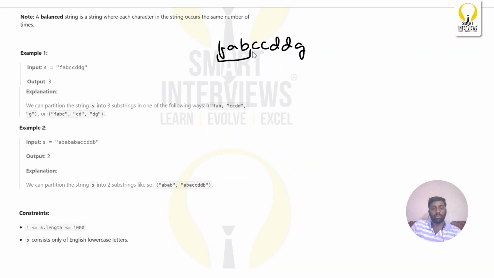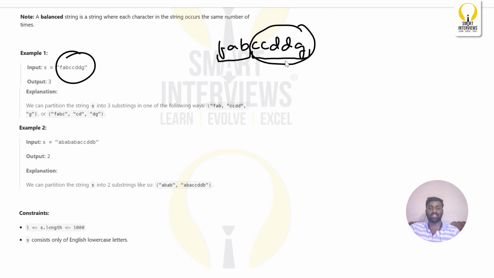You need to again create substring partitions from here. Now, if you observe, CCDDG can be told as a smaller subproblem of the exact same problem, which is large. That is, FABCCDDG is a larger problem, and CCDDG came out to be a smaller subproblem of the exact same problem. So ultimately, what can we use here? We can simply use recursion here.